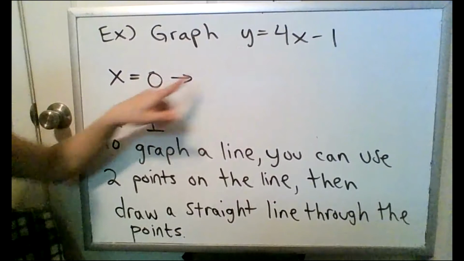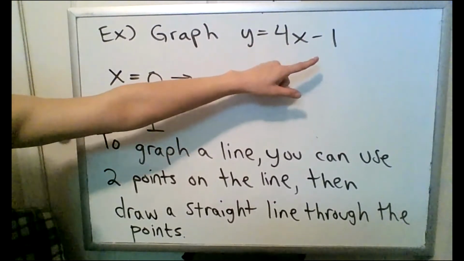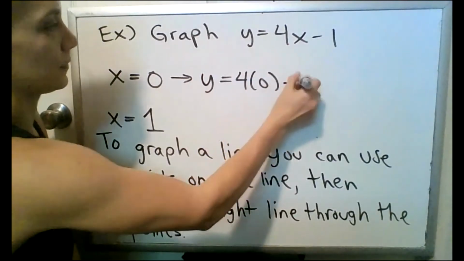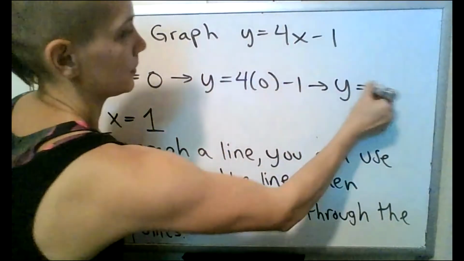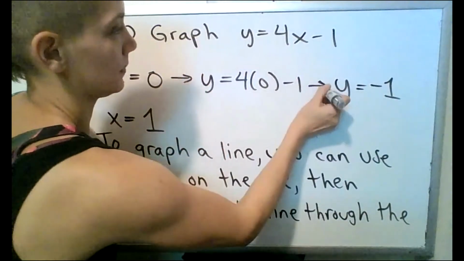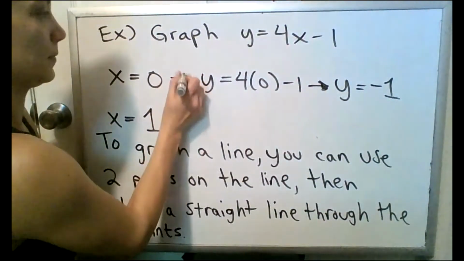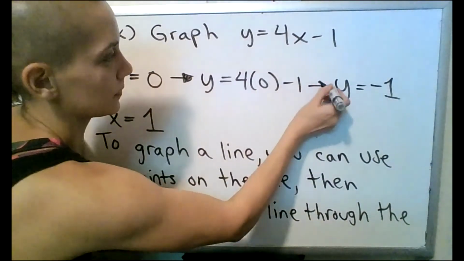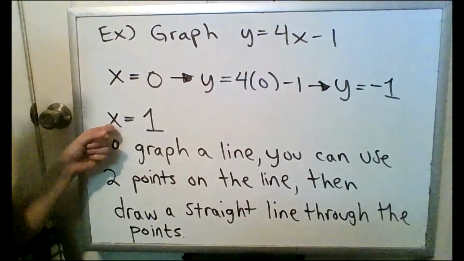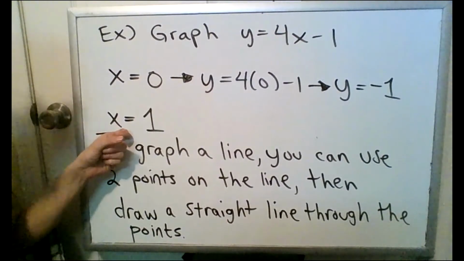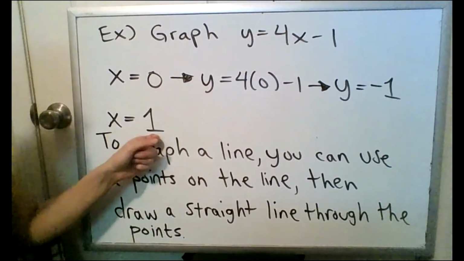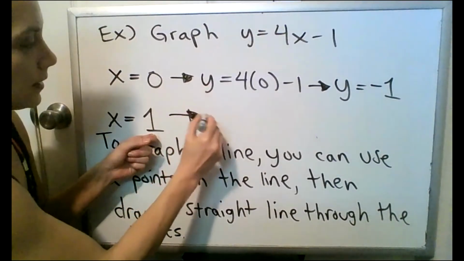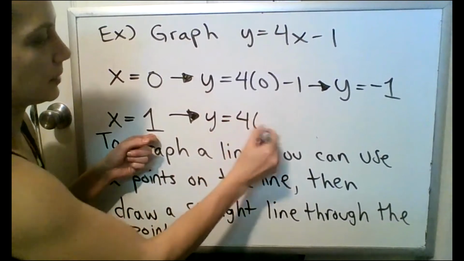If x equals 0, I would have y equal to 4 times 0 minus 1. So y is equal to negative 1. Okay, here I picked another value for x. Any number works. And if it's 1, I'd have y equal to 4 multiplied with 1.